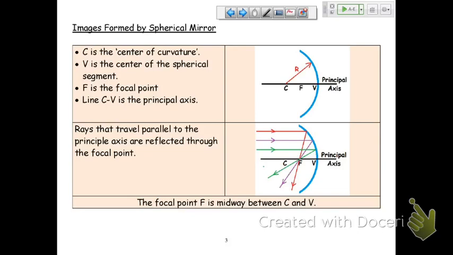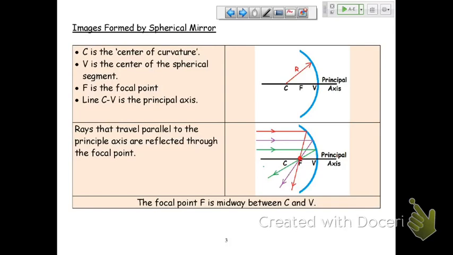So we're imagining a spherical mirror. It's got a certain radius. What we find is if we send a whole bunch of rays parallel to the principal axis, for small segments, not if we do a very curvy mirror, but for small segments, they will all be reflected through a point of interest.